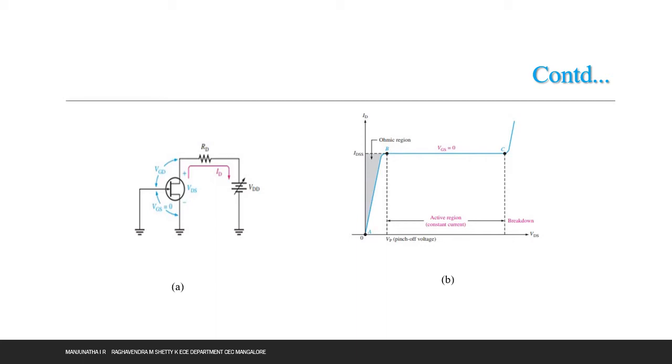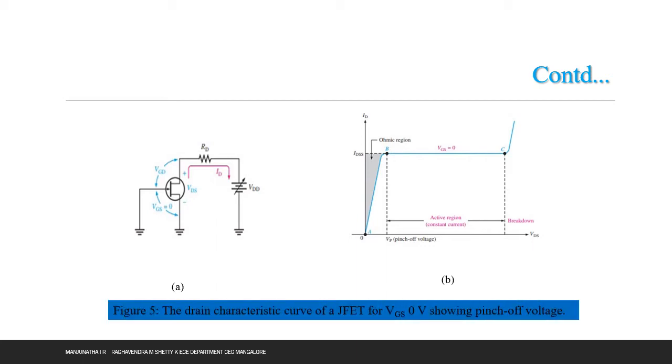Now moving towards figure B, we have plotted the graph of VDS versus ID. VDS is along the positive x-axis and ID is along the positive y-axis.